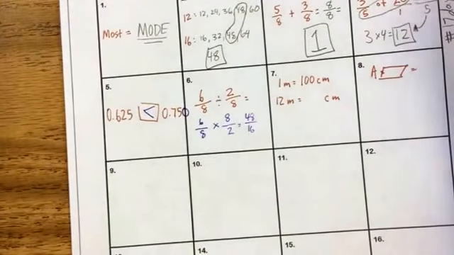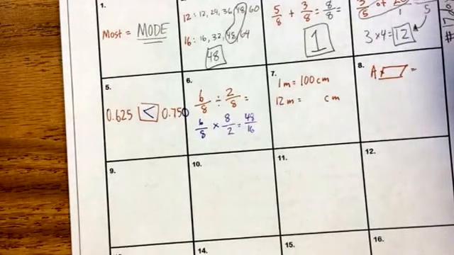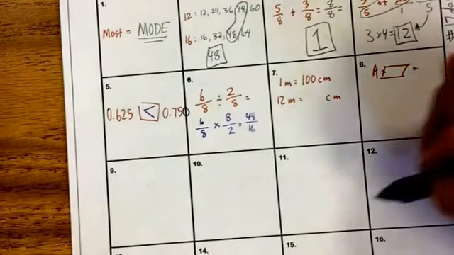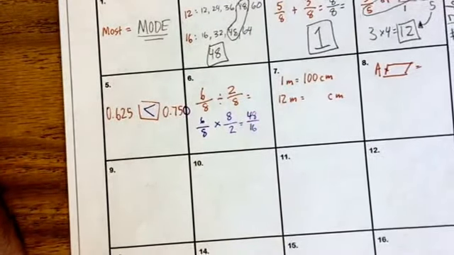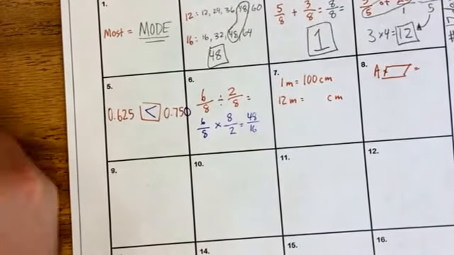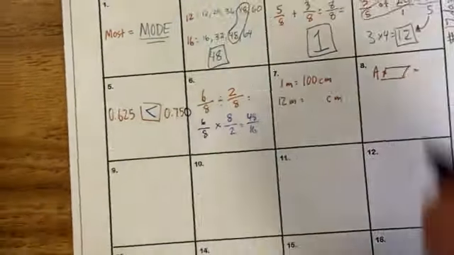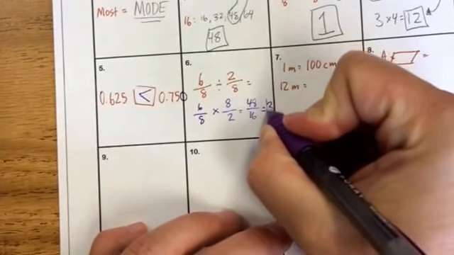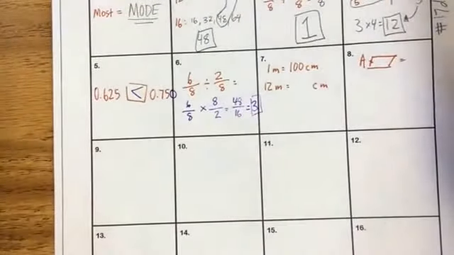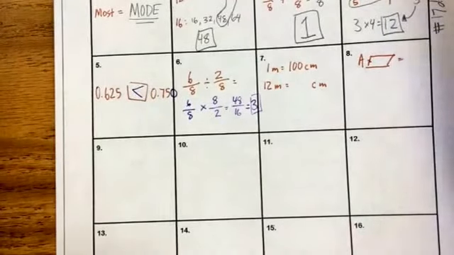And then I have to think about how many times 16 can go into 48. Well, I know I have 16, 32, and I know that 16 can actually go into 48 3 times, so that's going to give me 3 wholes.